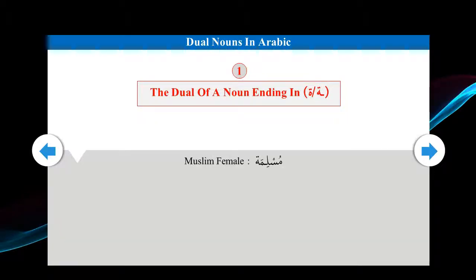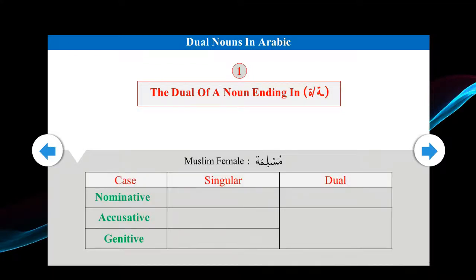Take the example of the word muslima, a Muslim female. The singular in the nominative case is muslimatun. In the accusative case, we say muslimatan, and muslimatin in the genitive case.